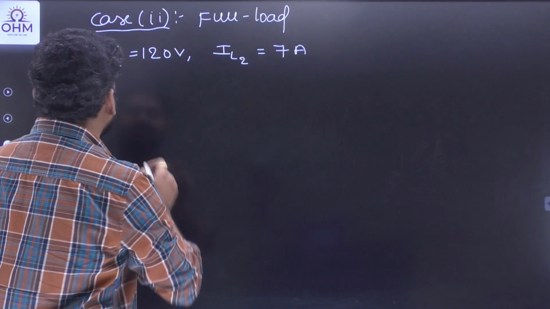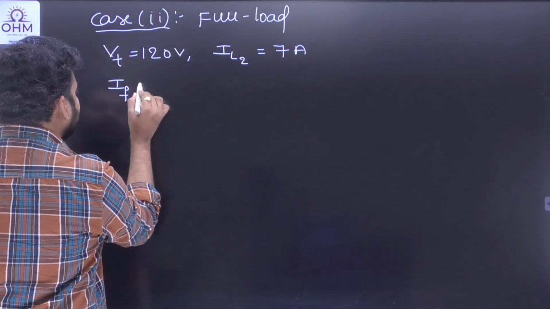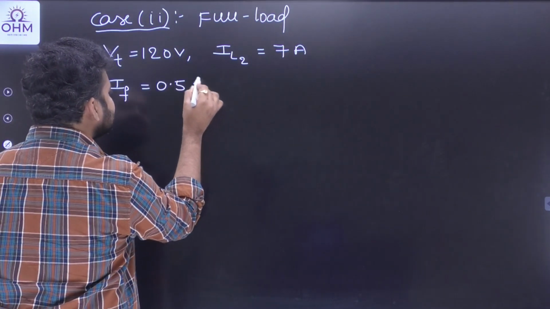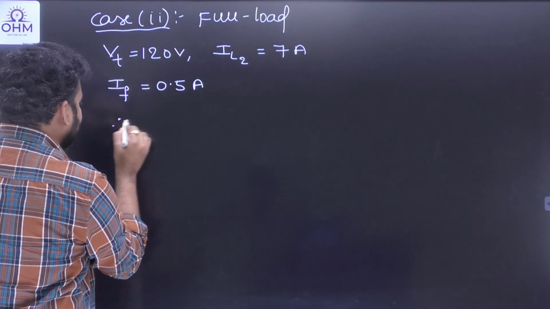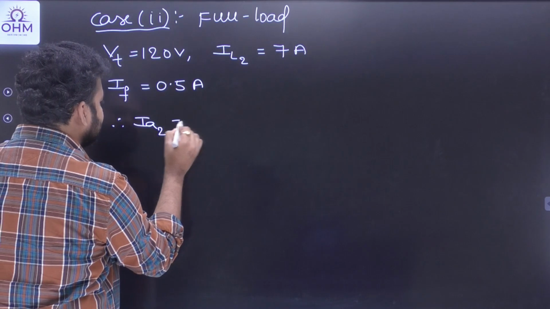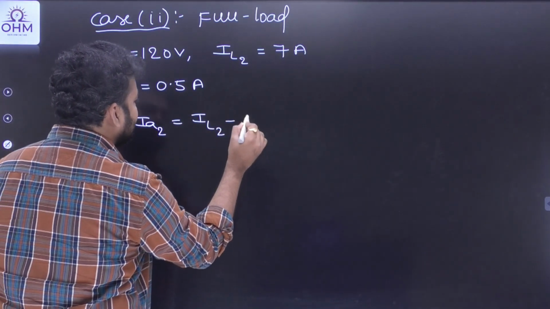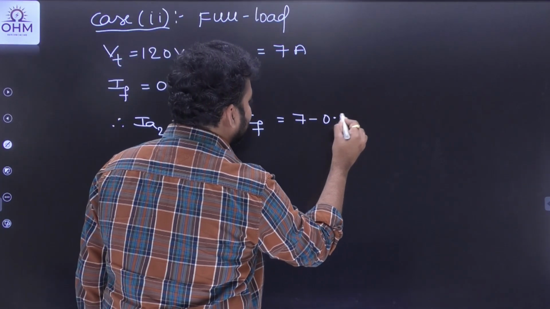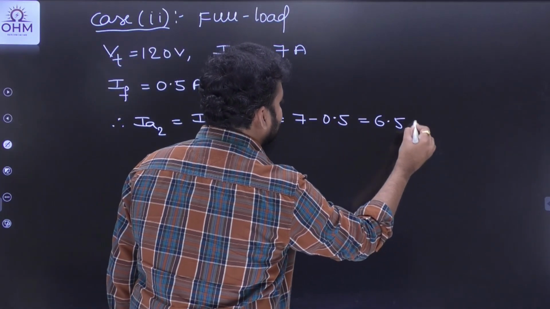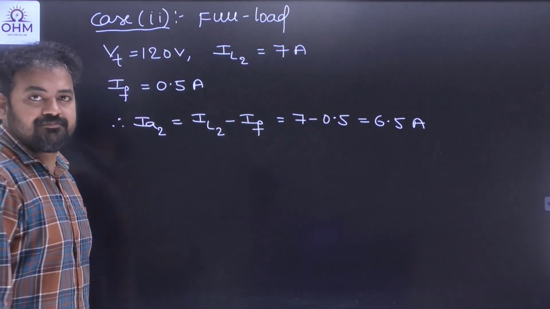Out of 7 ampere, the field winding is already taking 0.5 ampere. This does not change, right? Field current is constant. Therefore, the armature current in the second case is line current minus field current, 7 minus 0.5. So armature current is 6.5 ampere.